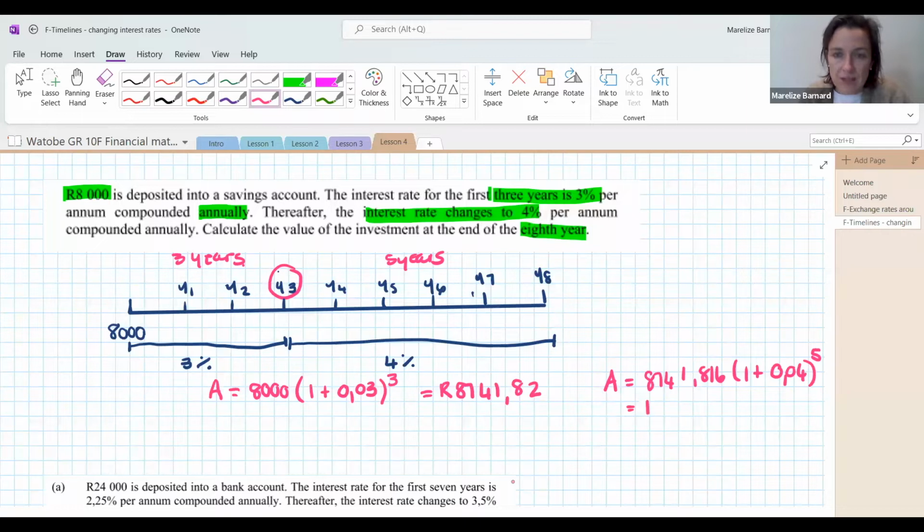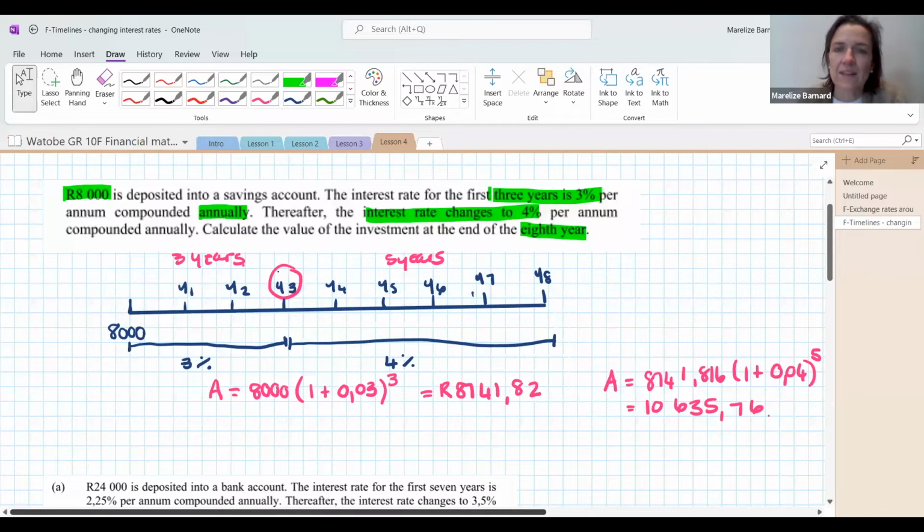Yeah, I also get 10,635.76. We're going to round at the end. We can round to 2 decimal places and get 76. Okay, great stuff. Let's see in the chat, put a thumbs up if you are happy with that and understand that.